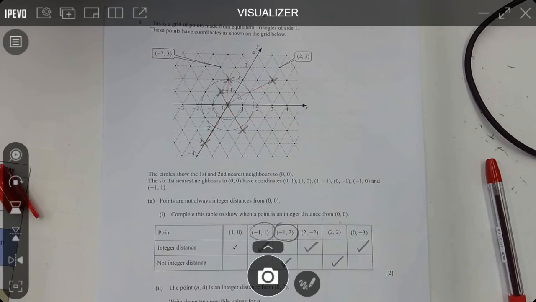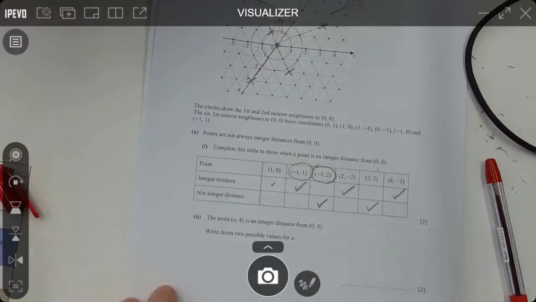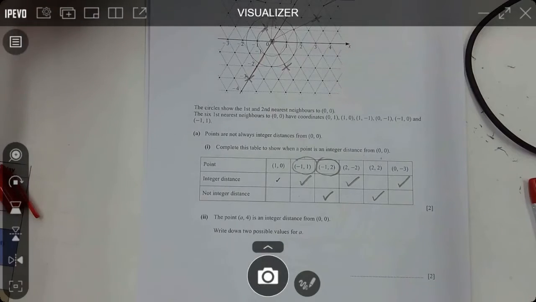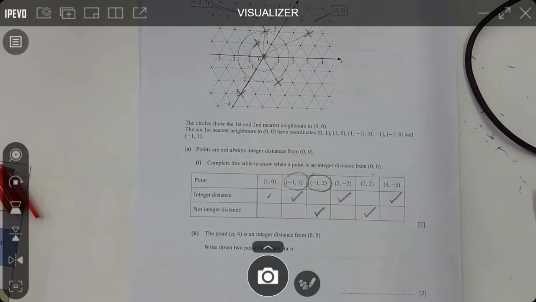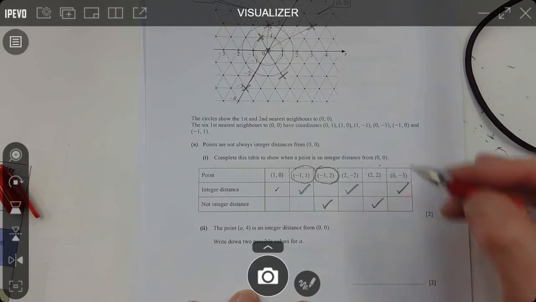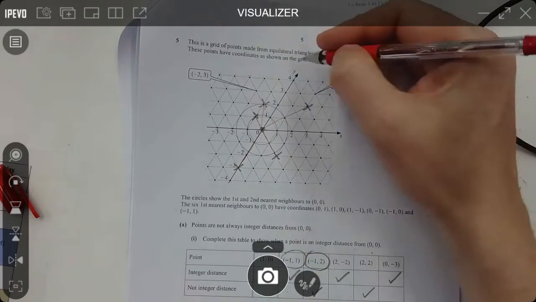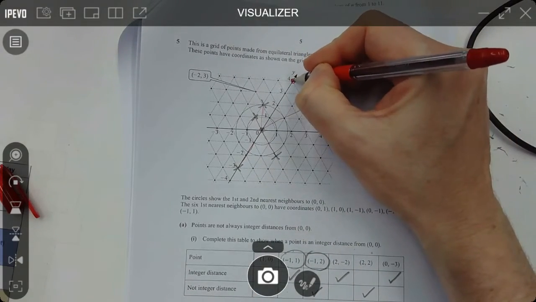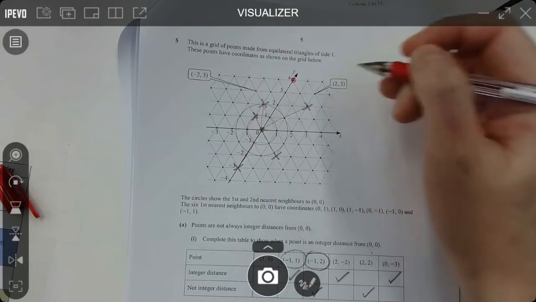Right, the point A, 4 is the next one. It is an integer distance from 0, 0. Write down 2 possible values for A. Well, the first one should be really easy to spot. The second value is 4, so the y value is 4. So if we go back to here, that is clearly a valid option.